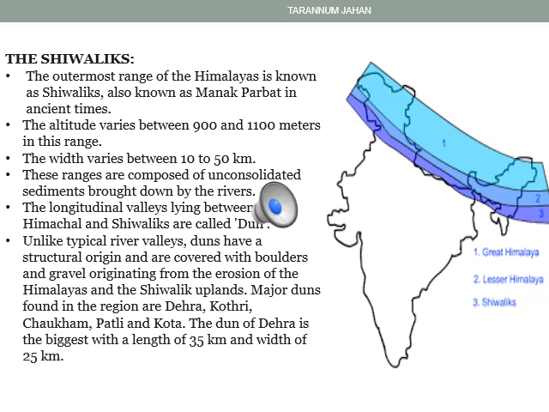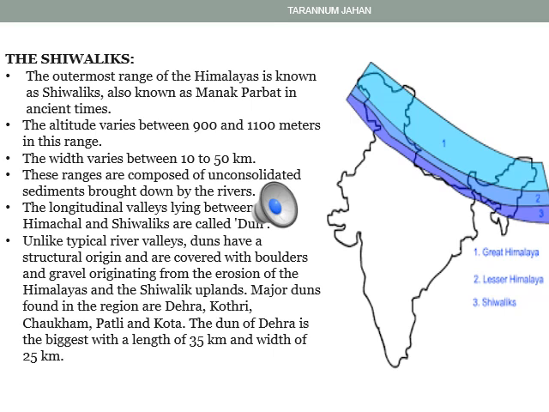Now the next division of the Himalayas is the Shivaliks, towards the south of or below the Himachal. It is the outermost range of the Himalaya, and the average height of the Shivaliks is 900 to 1,100 meters. It is made of alluvial soil.